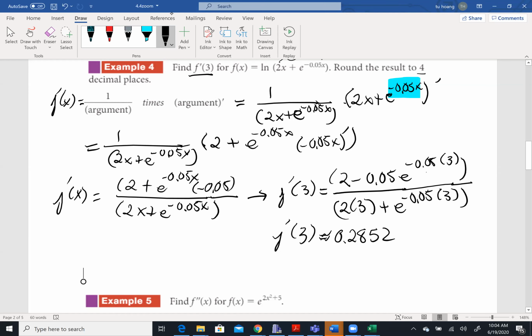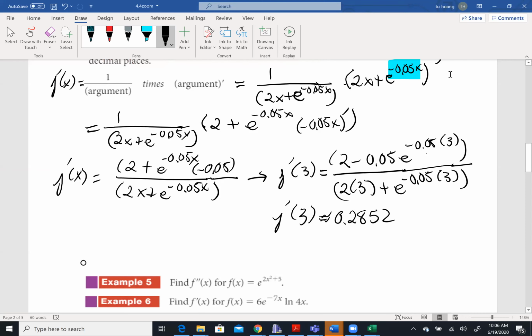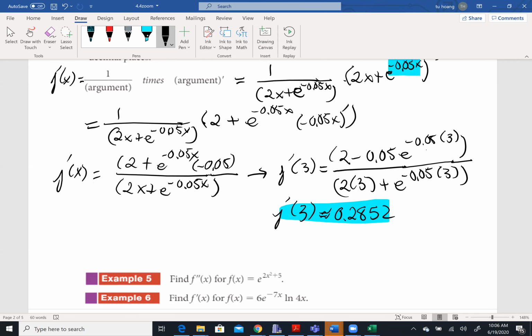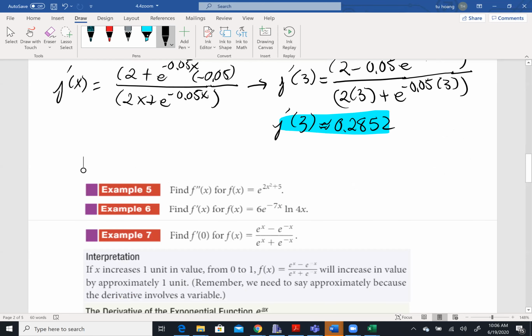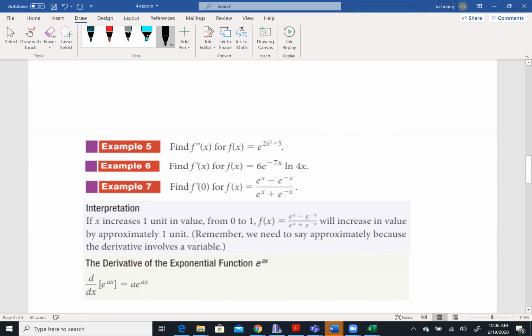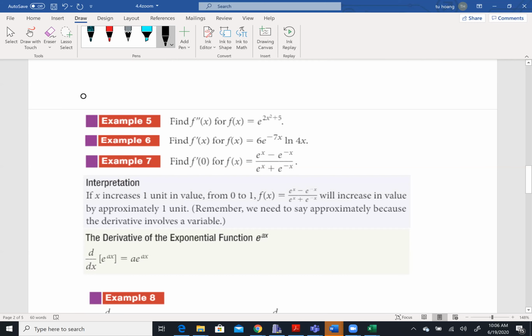Okay, so I have just finished this example, and I'm going to label this as the answer. Now I would like to move to example 5, and I'm going to move down here.